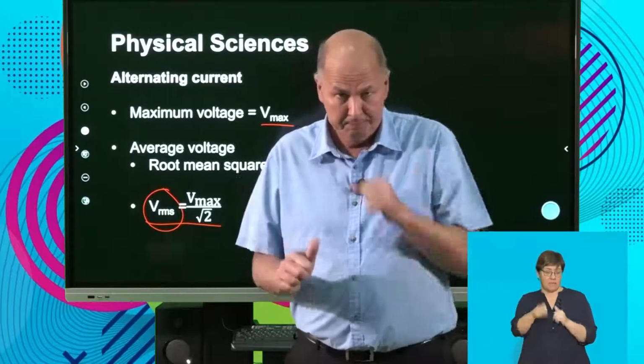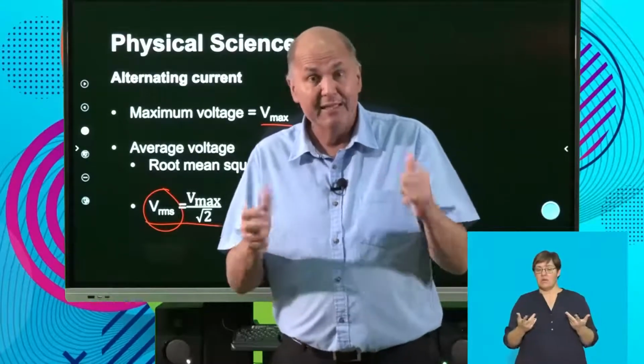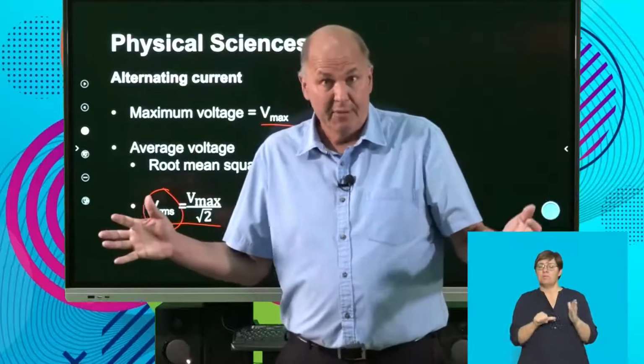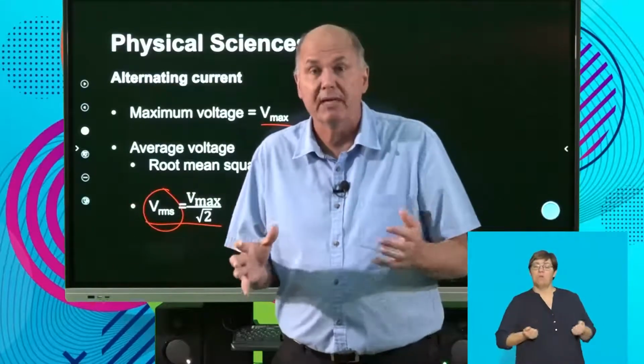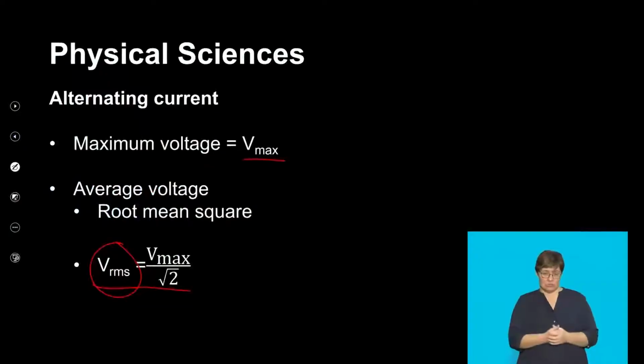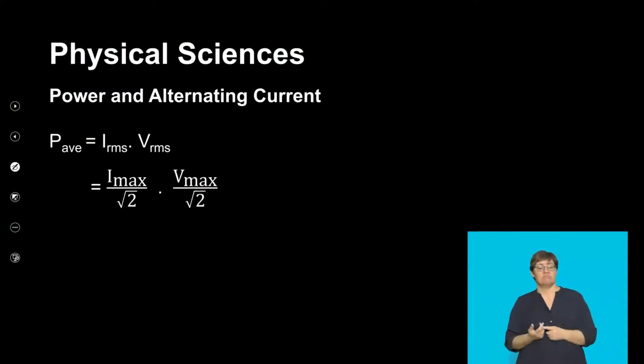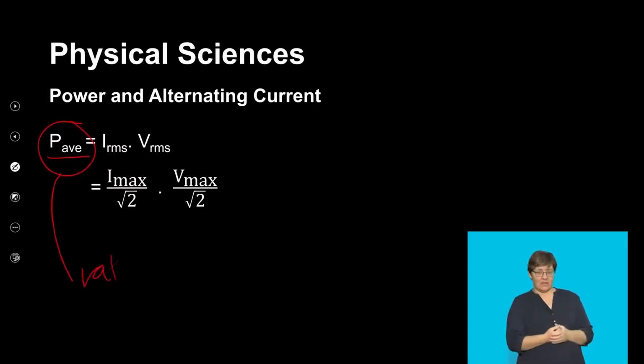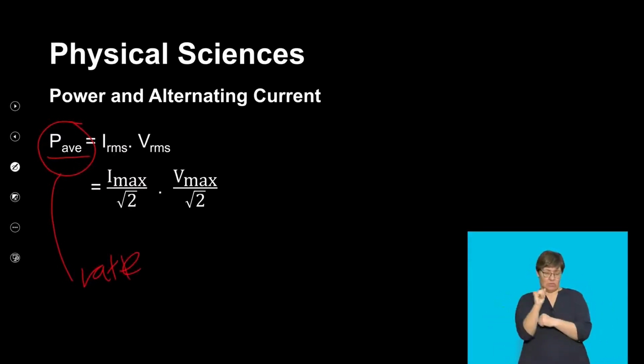Now, I mentioned power just now, and I think it's an important thing to recognize that power gives us a way to do some further calculations. And so I just want to highlight this for you. We know that power is the product of current and voltage, but over here, average power, which is always the thing that is given on an instrument, is the rating of a machine. It's called the rating.